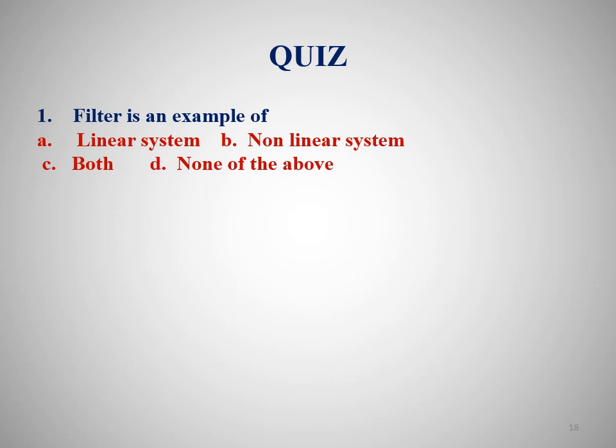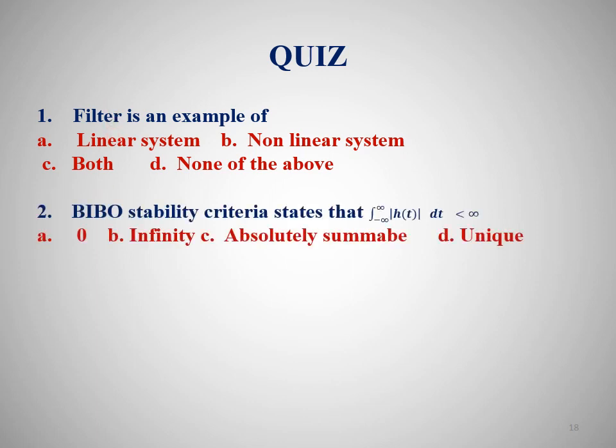In our first slide discussion, we had considered that it is an example of a linear system, which means the answer is A. Next one, BIBO stability criteria states that the integral from minus infinity to plus infinity of modulus h of t dt is less than infinity, that is, absolutely summable. In other words it should be finite. Thus the answers are 1A and 2.